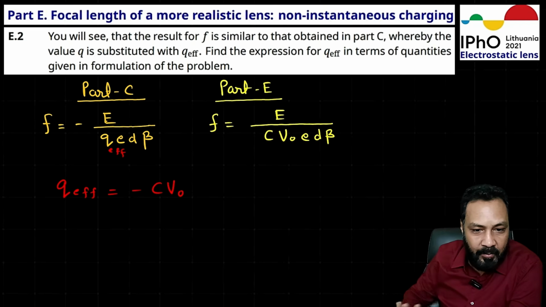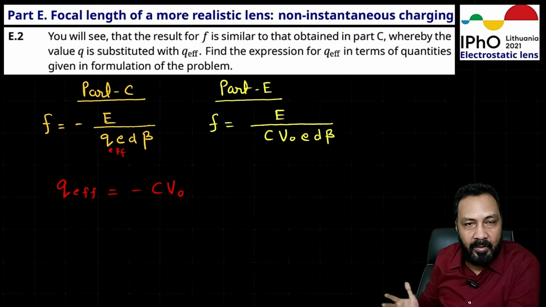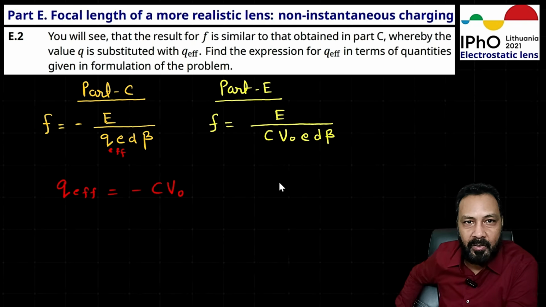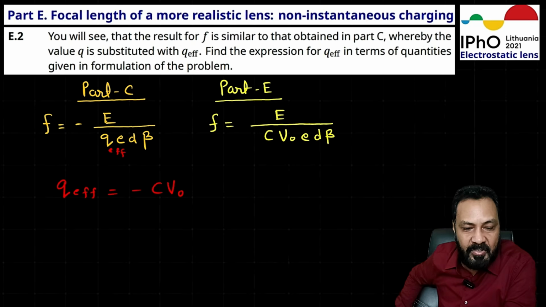If I replace that whole variable Q, and I want to avoid the integration, in place of that I can just put a constant Q, that is minus C V naught, and then the focal length would be the same as that obtained in part C.